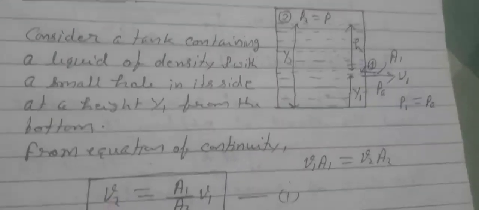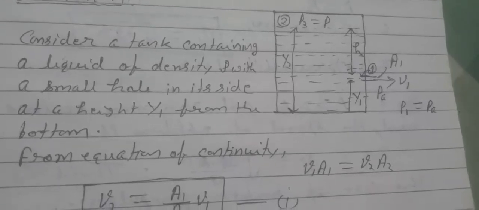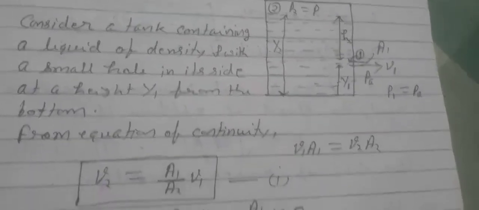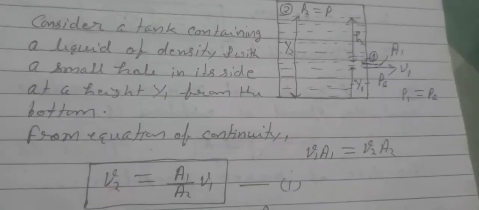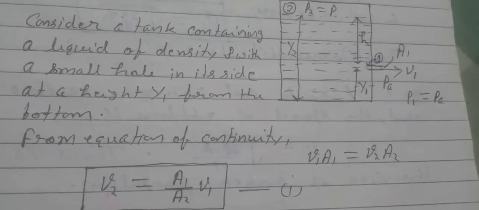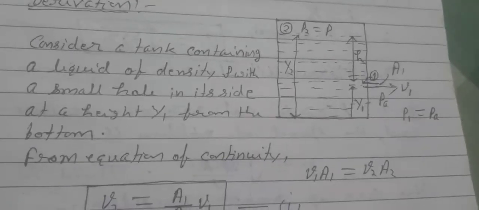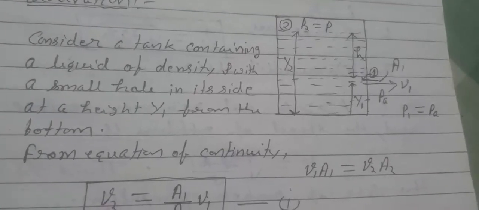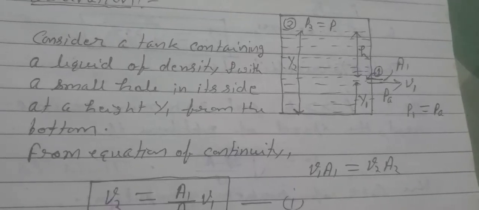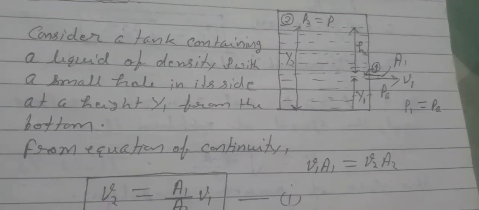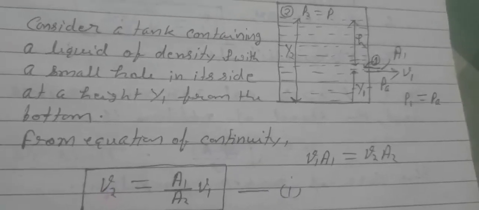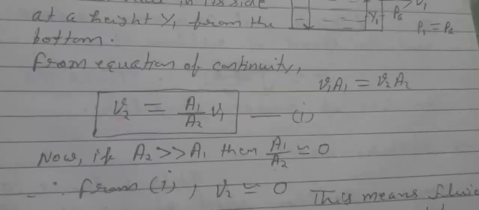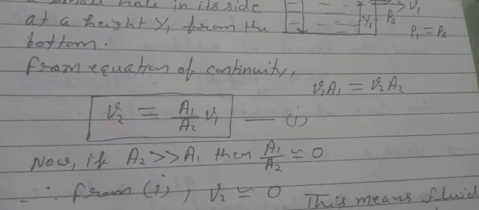From the equation of continuity, V1A1 = V2A2, where V1 is the velocity of liquid at the orifice and V2 is the velocity of liquid at point 2, that is the velocity of the free surface, and A1 is the area of the orifice and A2 is the area of the free surface. Now V2 = (A1/A2) V1.